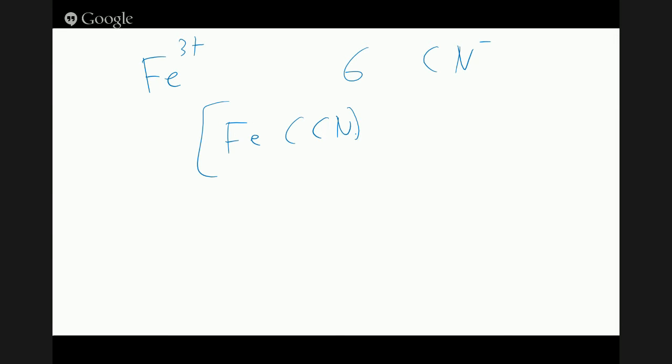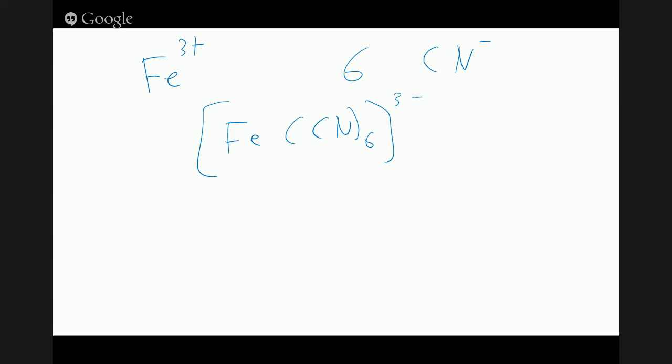Pauline says, what is the overall charge on the complex ion formed by iron 3 and 6 CN minus ligands? So we have iron 3+, and we have 6 cyanide ligands. So the formula in brackets is going to look like that, and it's going to be 3-.